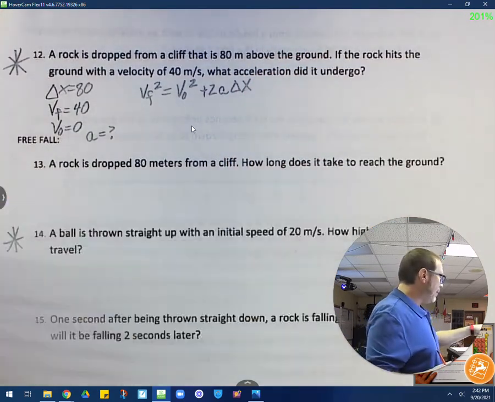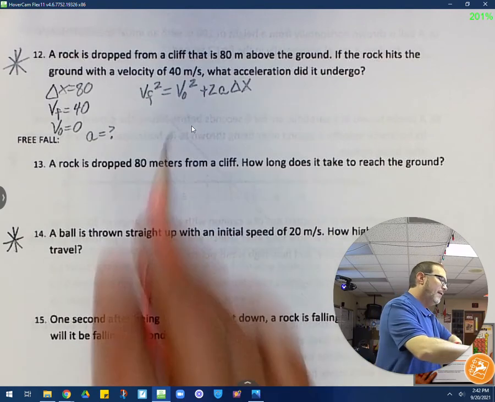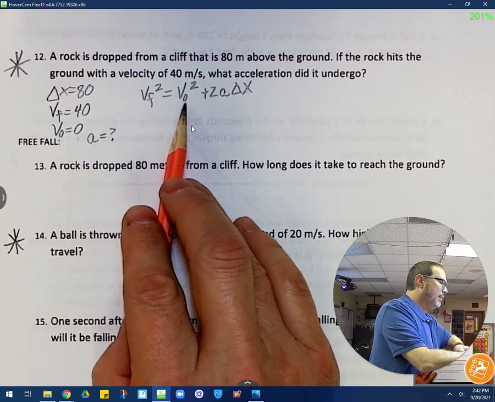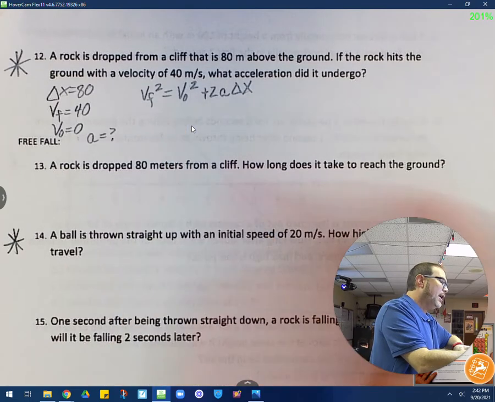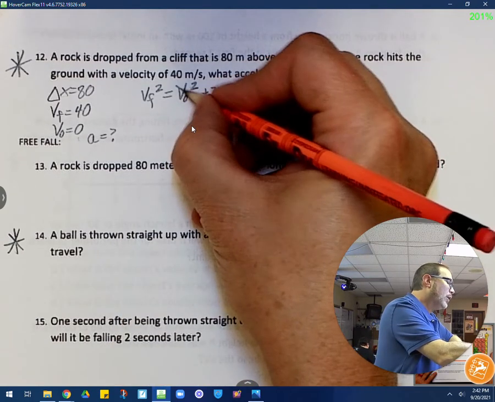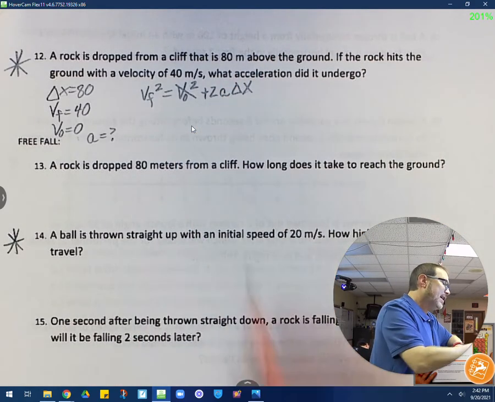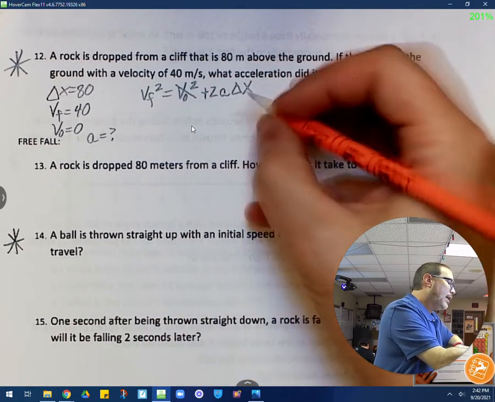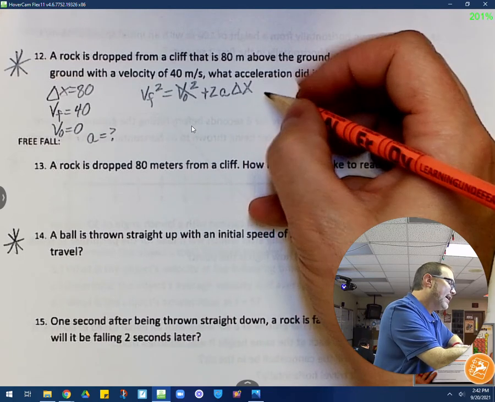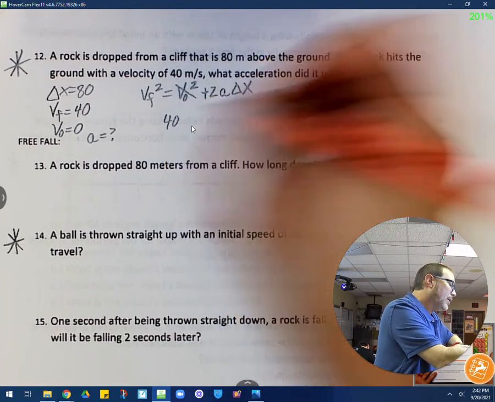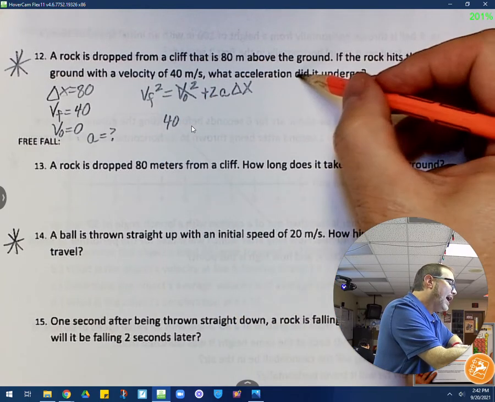Now let's see if we can maybe simplify this a little bit. V0 is 0, right? What is 0 squared? 0. So for our purposes, we can kind of ignore this part because that part's equal to 0, right? So we can just say that Vf squared equals 2 times a times delta x. So it's going to be 40 squared. Now wait, we're looking for a, right?